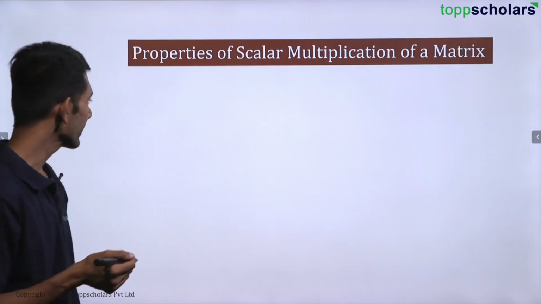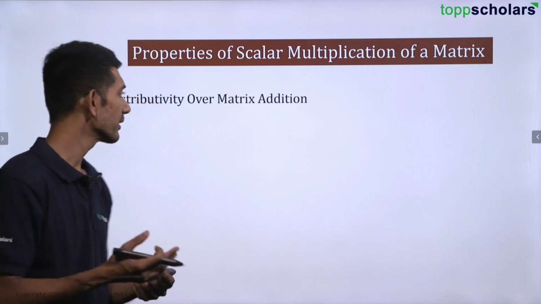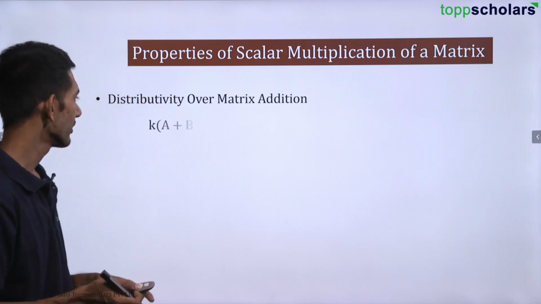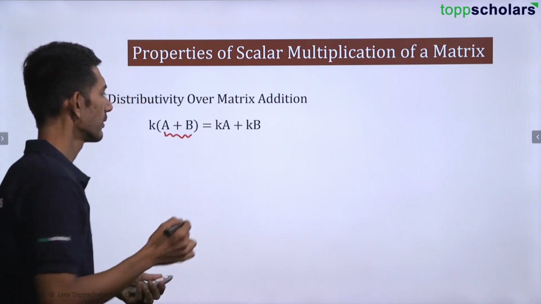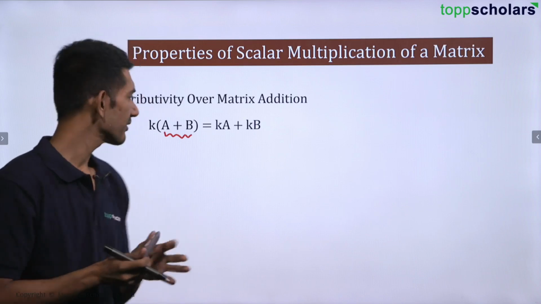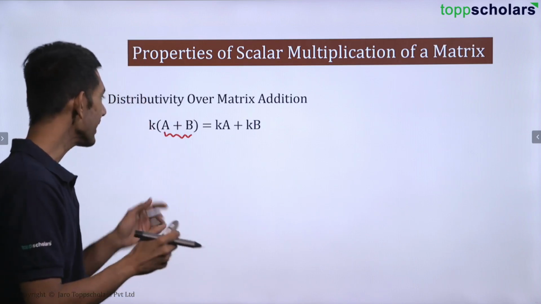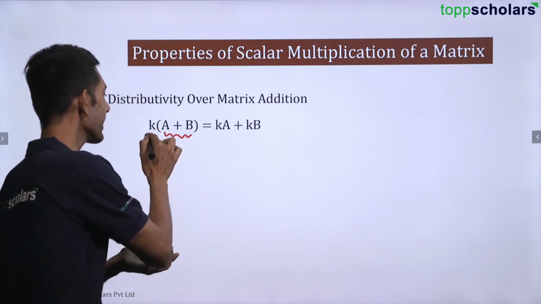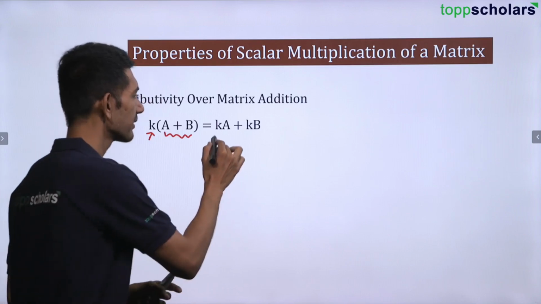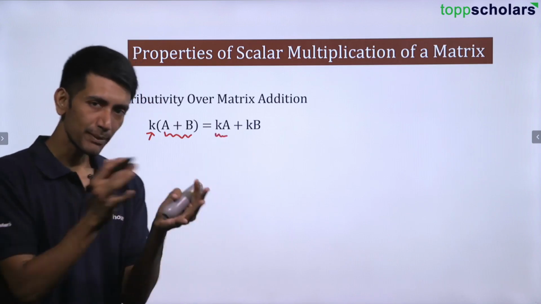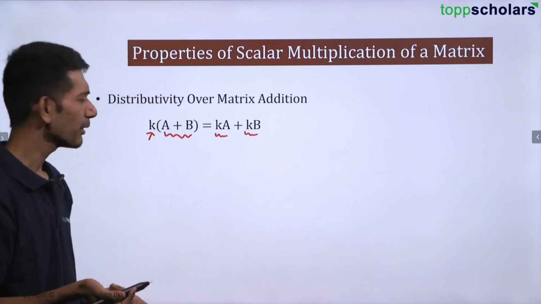Okay, let's continue. Now let us talk about distributivity over matrix addition. If there is an addition of two matrices A and B, you add both of them and then multiply the addition by K, any non-zero scalar. That will be the same as K times matrix A plus K times matrix B, right? Simple logic.